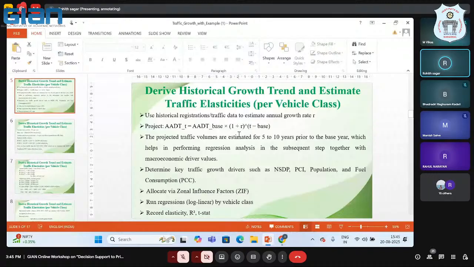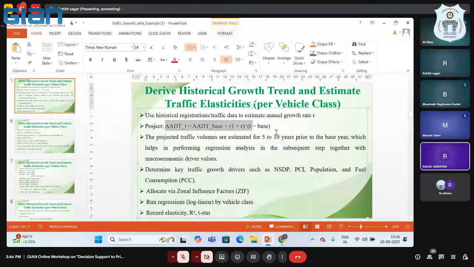We need to calculate the past years' AADT data. If we have the traffic data, it's good and fine. If not, we need to take historical vehicle registration data or traffic growth rate data to estimate back-calculated traffic data for the respective years like 2019, 2018. For that, we have used this formula, sir. Okay, understood.